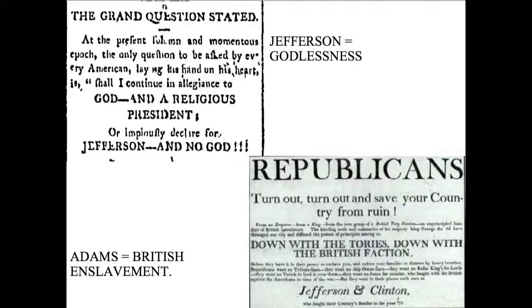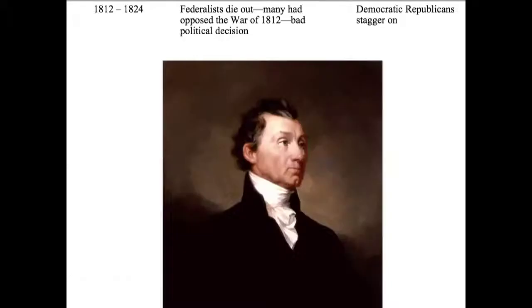So that was the first little bit of parties in America. You had the Democratic Republicans, who were generally for less government, versus the Federalists, who were generally for more federal government. So that was the way things were from about 1796 to about 1812 or so.